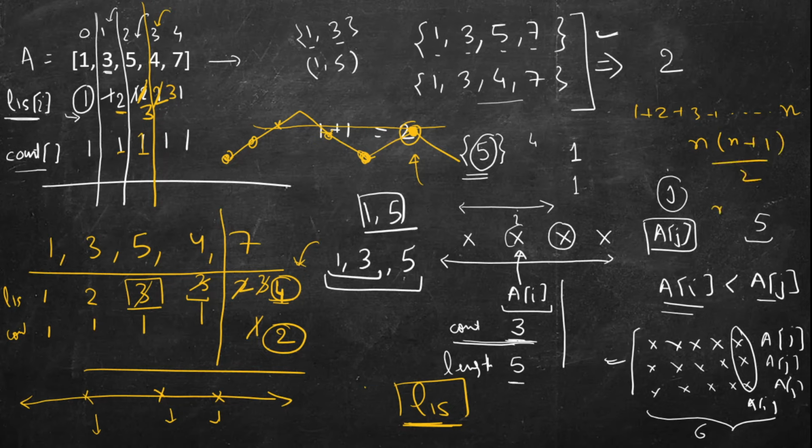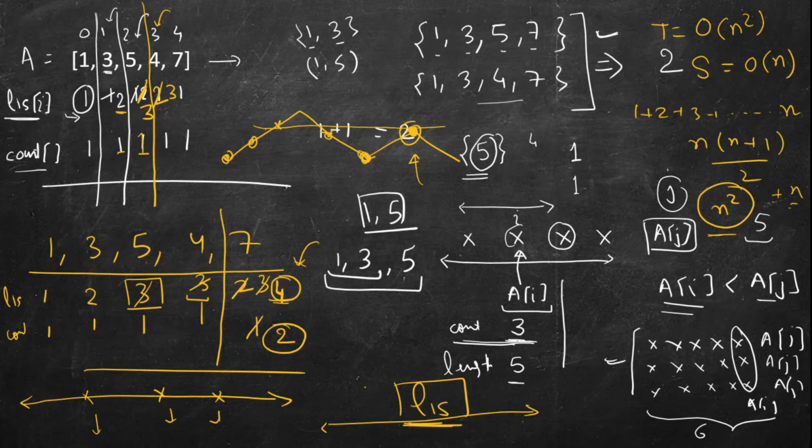So this is of the order of n square plus n divided by 2, and in the end also we do one scan of this array, so you can add plus n to it, but that does not change the order. So time complexity is of the order of n square. Space, we are keeping 2 lists each of length n, so space is O of n, time is O of n square.